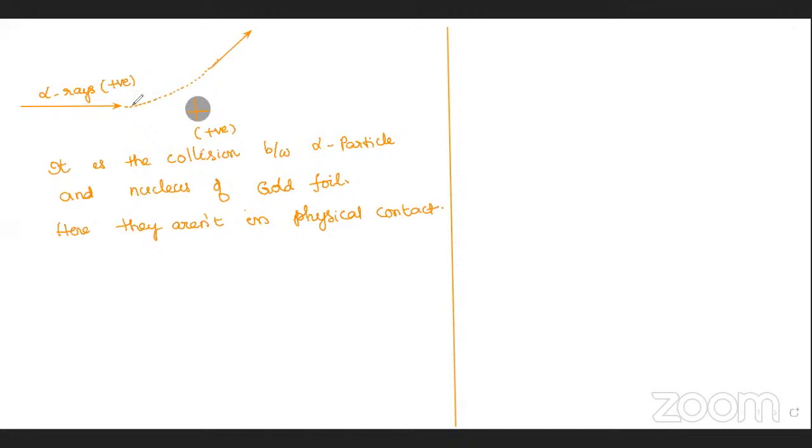So may or may not be in contact. That's what I told. This is one example where the two colliding bodies are not in contact.